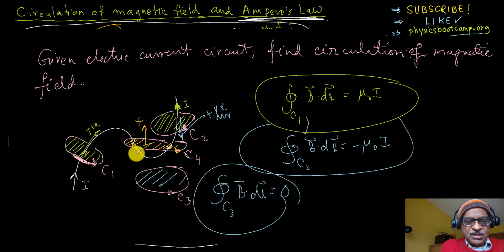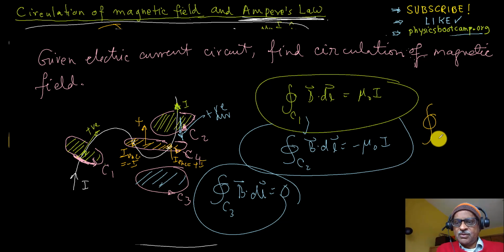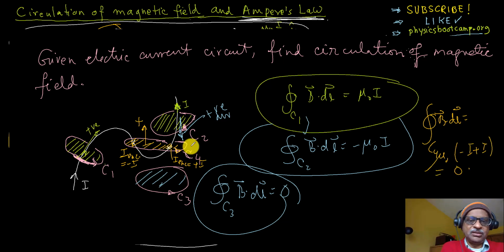So from here, this I enclosed will be minus I. And when I go in the same direction, the positive direction, over here the I enclosed will be plus I. So if I do the C4 B dot dl, I'll get a mu naught with minus I plus I, that's going to be 0. So this will also be 0.